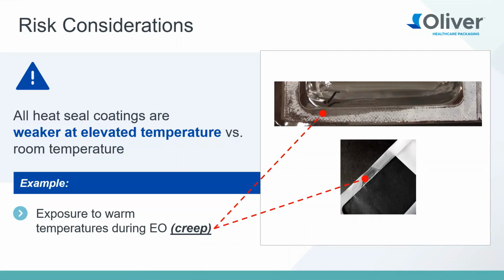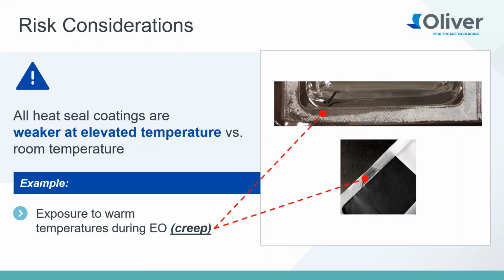So really important, if you're not listening to anything else, just listen to this. It's really important to know that the seals and the heat seal coatings used are going to be weaker at that elevated temperature. It's going to vary by material. We're going to talk about that. Not all coatings are the same, but just understand there's a risk component that at elevated temperature, the heat seal coatings are going to be weaker.